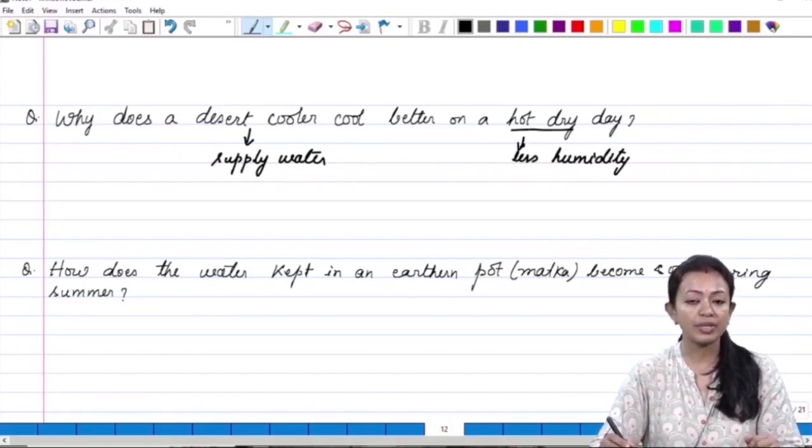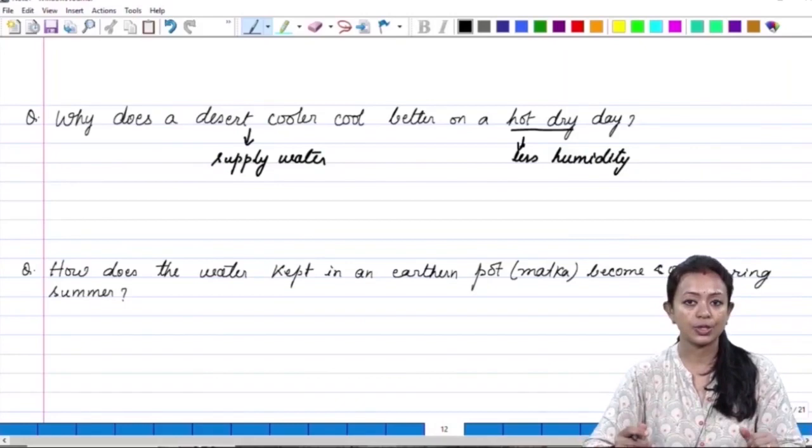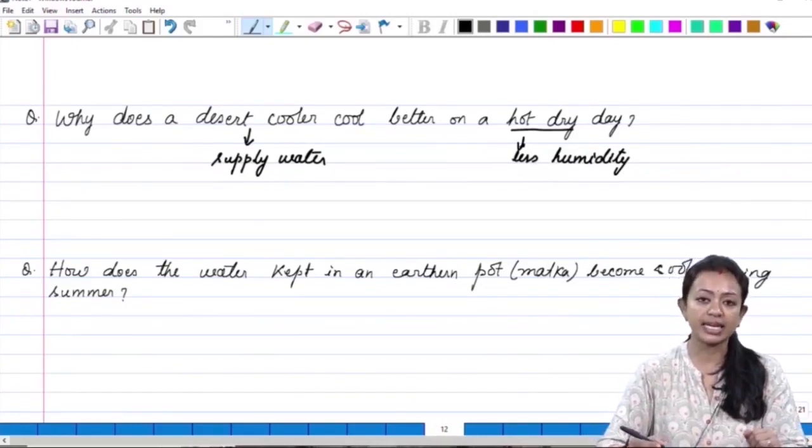As the level of humidity is less, the rate of evaporation is going to increase, and we know that evaporation results in a cooling effect. Why does it result in cooling? Because it absorbs the energy from the surface so that it can convert itself from the liquid state into the gaseous state. So as the humidity is very less, the rate of evaporation will increase and it will result in better, effective cooling.